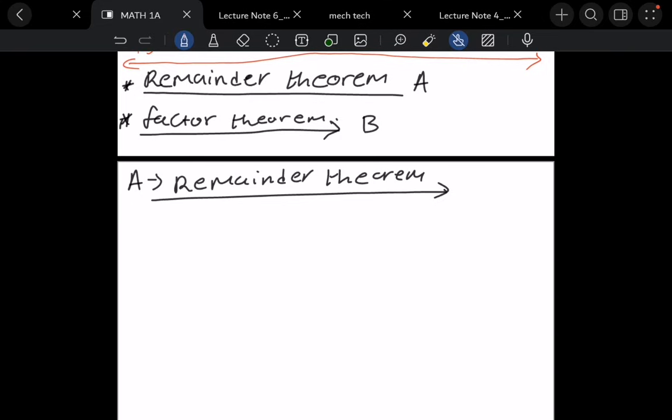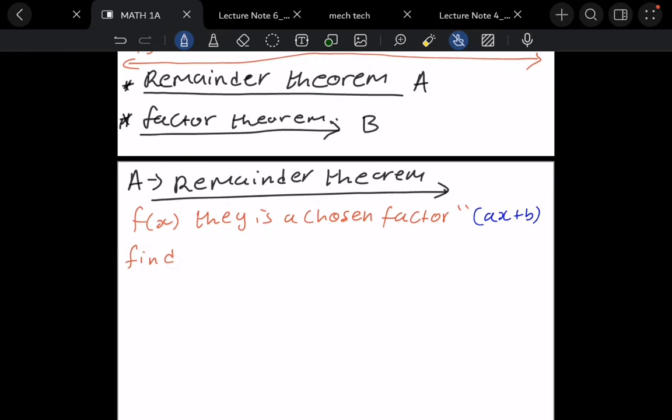It means that in a given polynomial f of x, there is a chosen factor. That factor, I'm just going to call it ax plus b. Understand? In a given polynomial f of x, there is a chosen factor which is ax plus b.